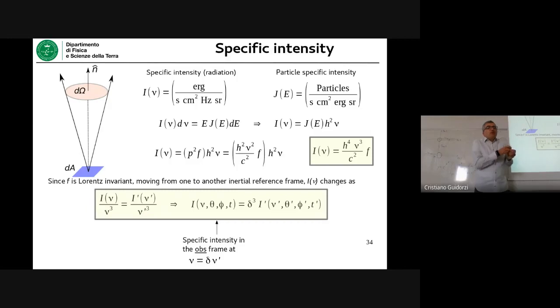So if I call nu prime the frequency of the photon in the co-moving frame, I know by definition of Doppler factor that the observed frequency of the same photon will be delta nu prime.